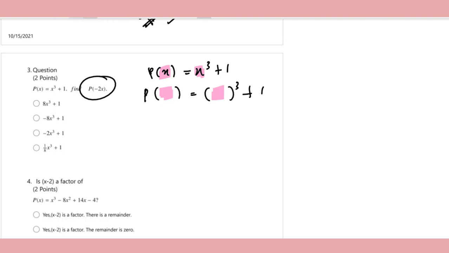The variable is equal to negative 2x. So negative 2x cubed, x cubed plus 1, is equal to negative 8x cubed plus 1. So the answer is negative 8x cubed plus 1.